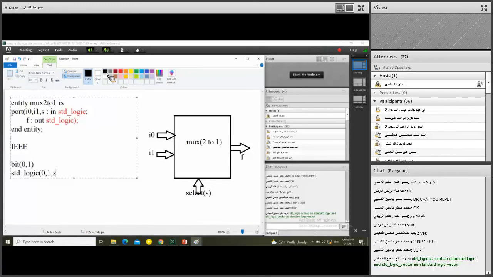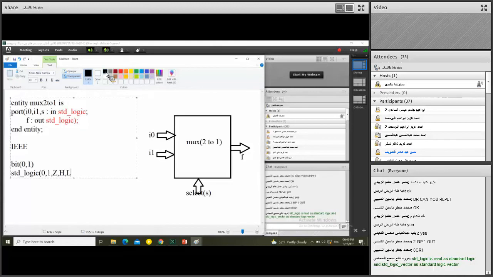Okay, 0, 1, high impedance, and etc. For example, low, high. High means that here we have 1, but this one is not very good, or we can have weak high. Low means that we can have weak 0 or weak low.